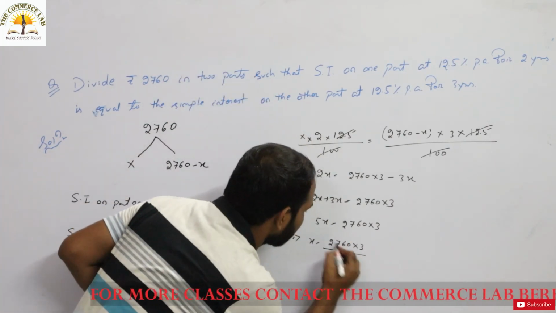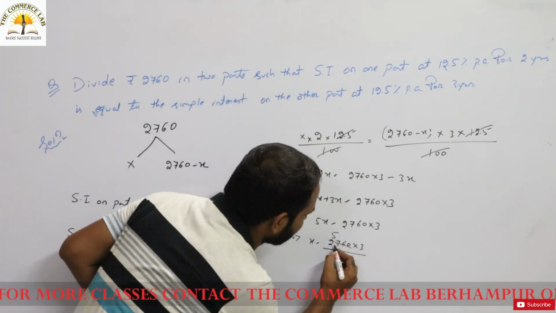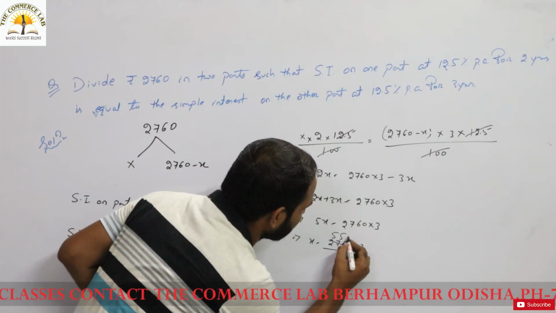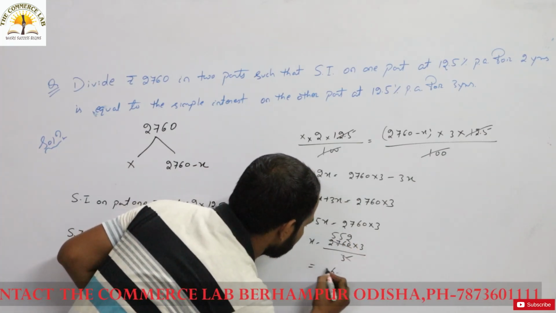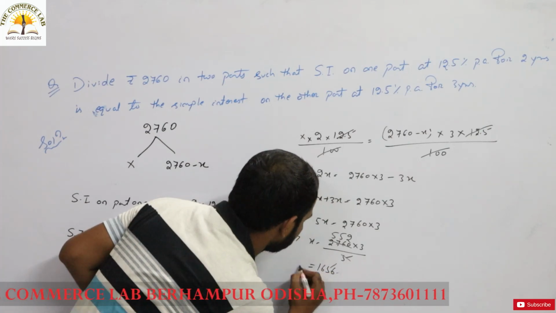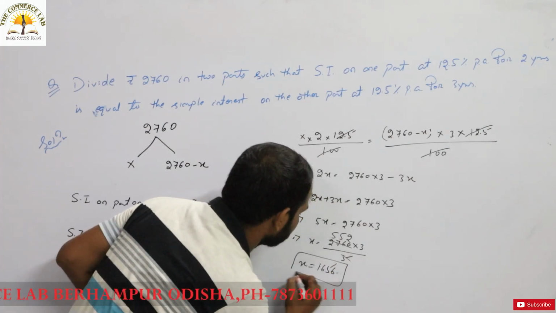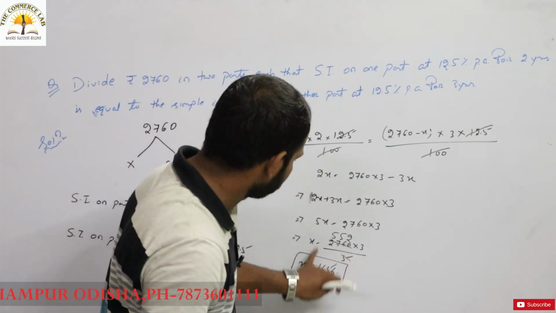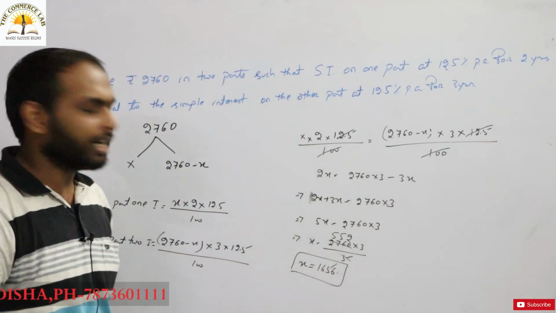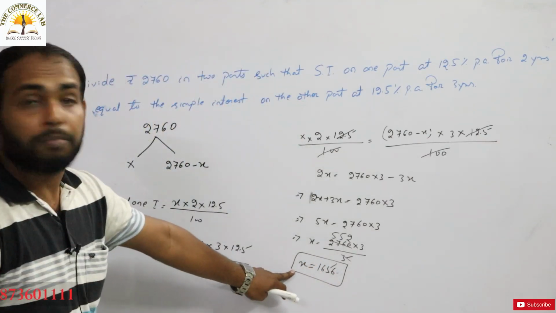So by cancelling, x equals 1656. X is the part 1.